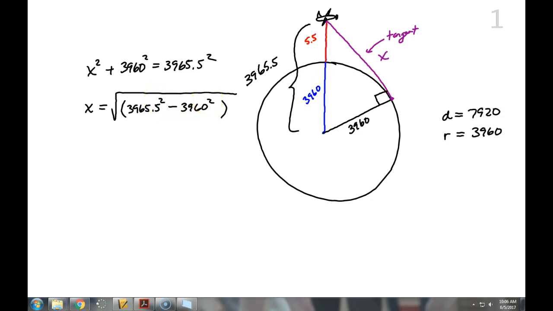You could do it your own way. But when I did all that, it looks like X comes out to be 208.8 miles. So if you're up in a hot air balloon 5.5 miles above the, or in an airplane 5.5 miles above the surface, you can actually see a distance of 208 miles to the edge of the Earth.